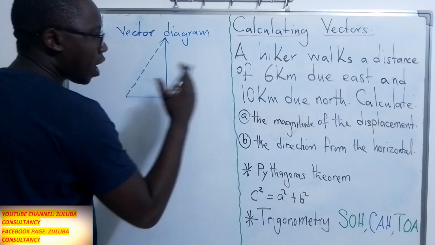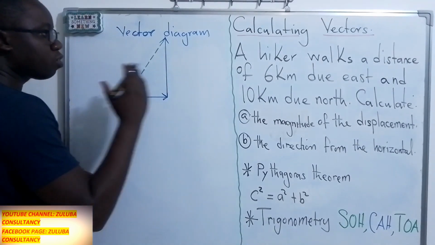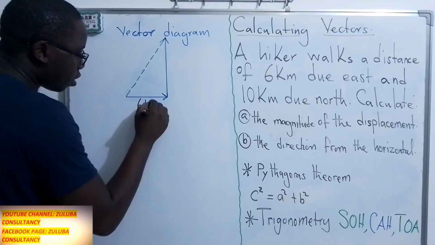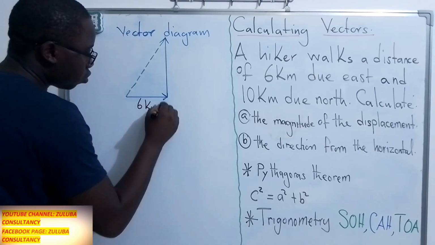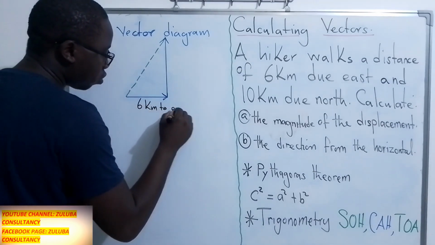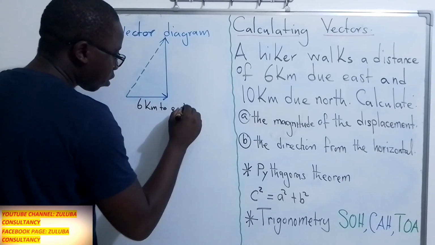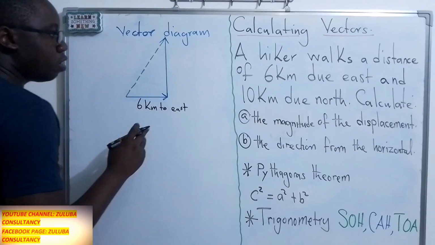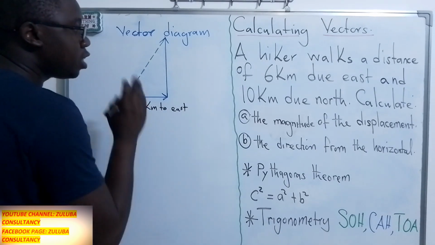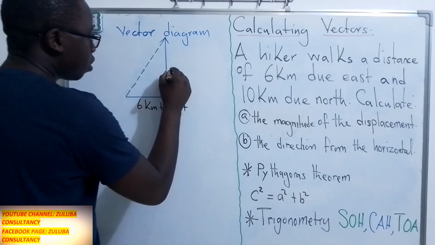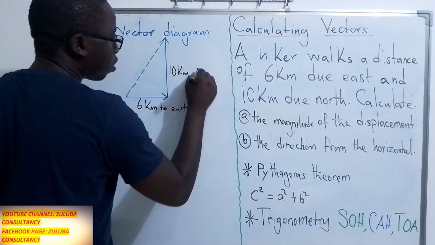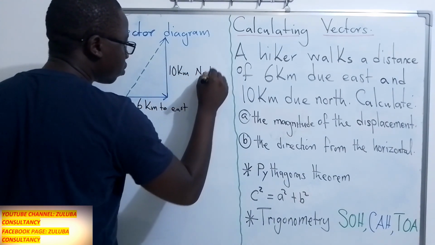So this hiker is walking 6 kilometers to the east, so we can put 6 kilometers here, to the east. And then after walking 6 kilometers to the east, he is walking 10 kilometers to the north. So 10 kilometers north.